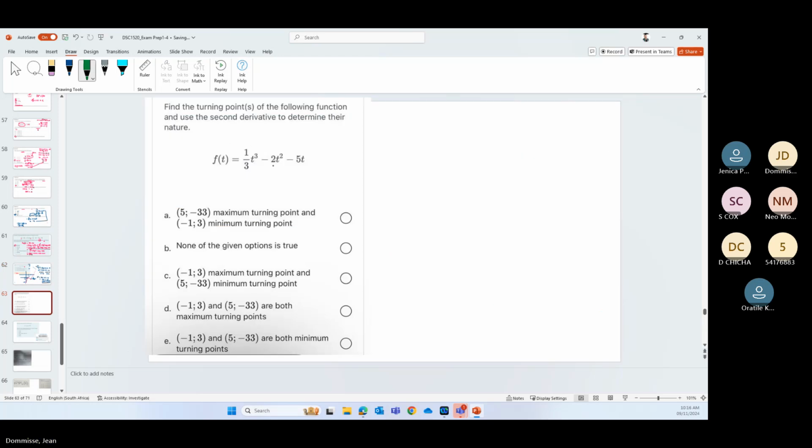So first derivative, the 3 goes in front again. So 3 times that is t to the power of 2. 2 goes to the front, so it's minus 4t.